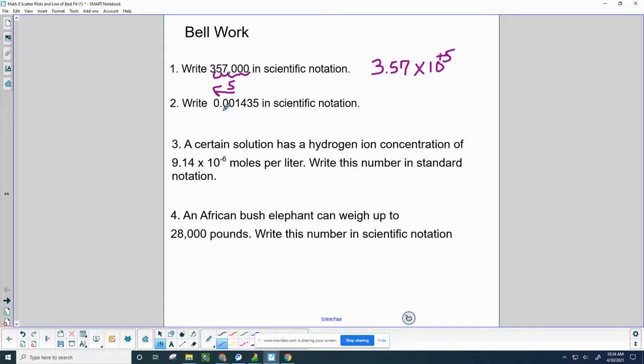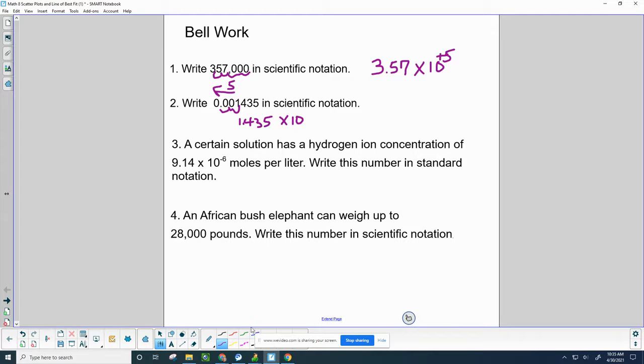Okay, the next one, we actually have to move the decimal to the right, 1, 2, and 3 places to the right to get a number that's between 1 and 10. So there's our number, 1.435. And we're going to multiply that by a power of 10.